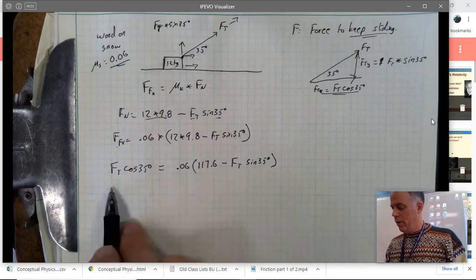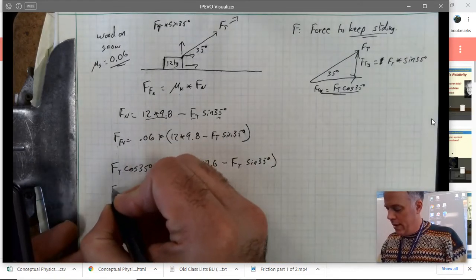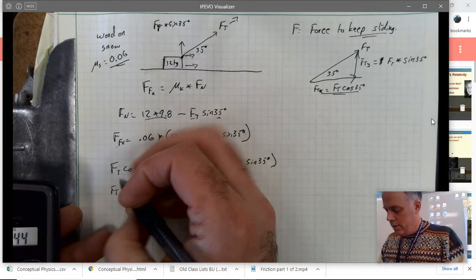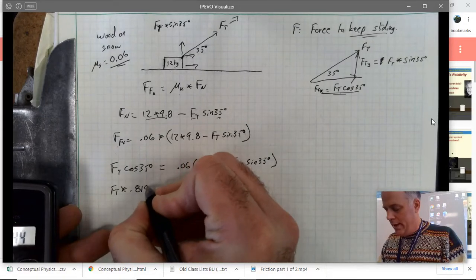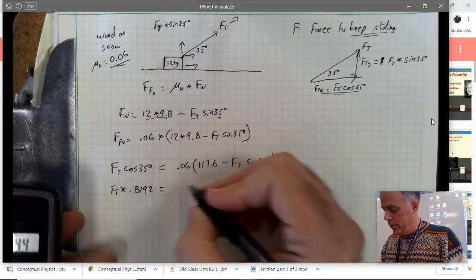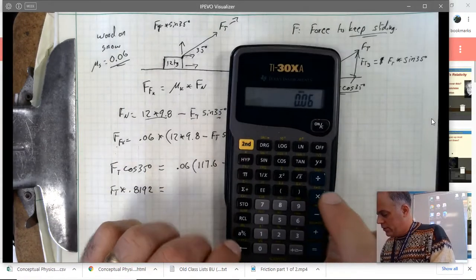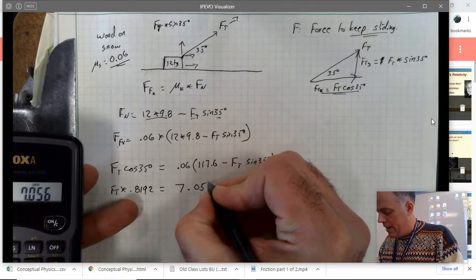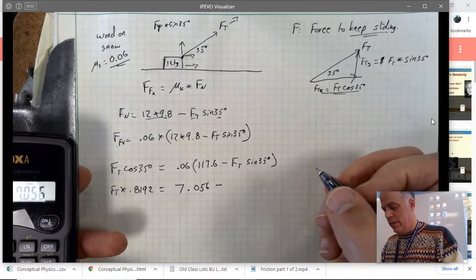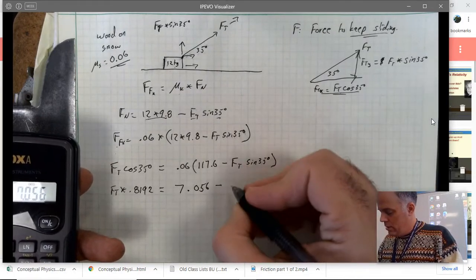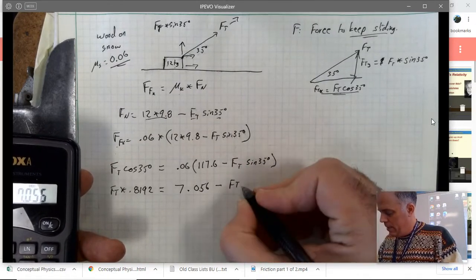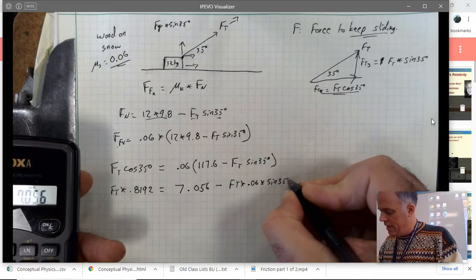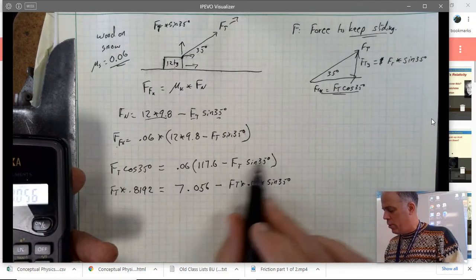Okay, and now we solve for Ft. So Ft times the cosine of 35 degrees, 0.8192, is equal to 0.06 times 117.6, that is 7.056, minus Ft times 0.06 times sine of 35 degrees, because we're distributing the 0.06 across both these terms.